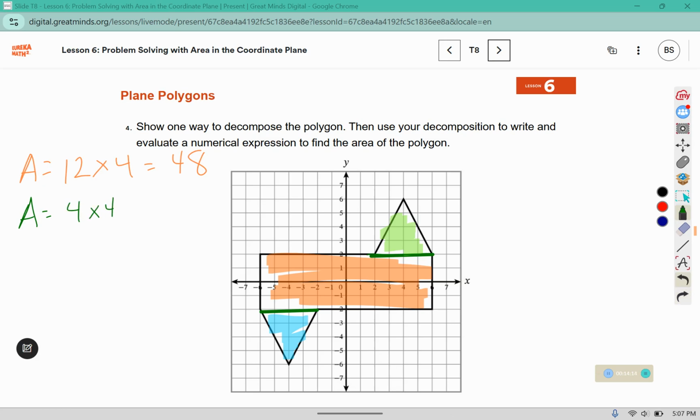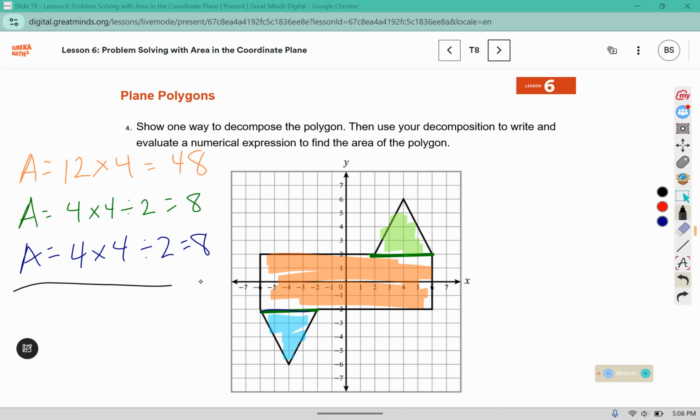But don't forget, triangles get divided into 2 parts because it's half of a rectangle. 4 times 4 is 16. 16 divided by 2 is 8. For the blue triangle, we have a base of 4 and a height of 4 as well. So that also has an area of 8.